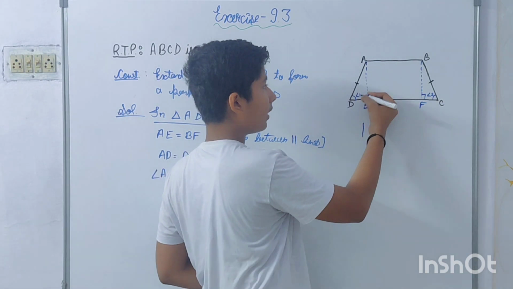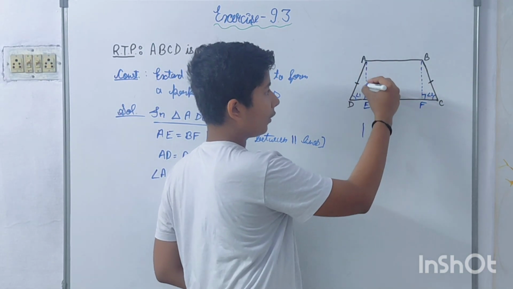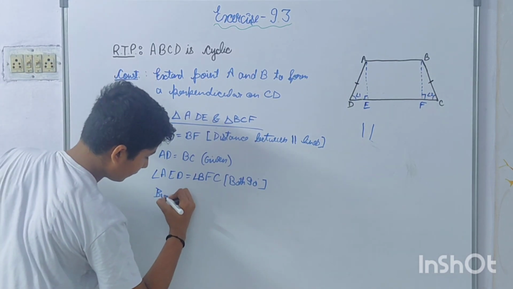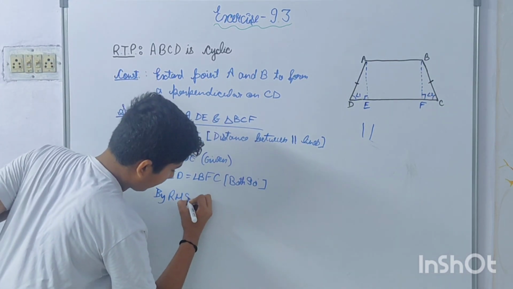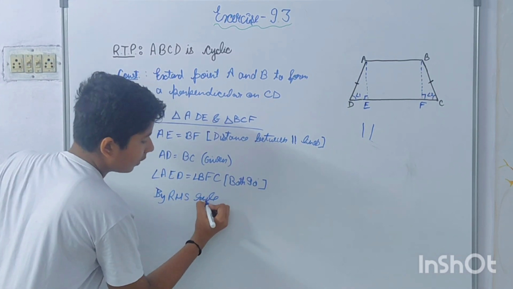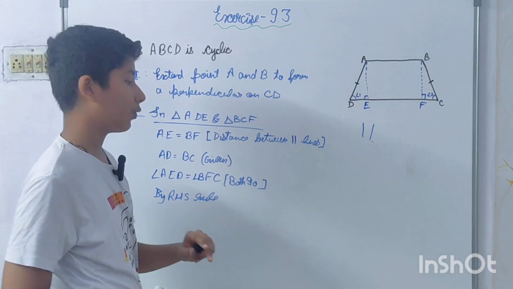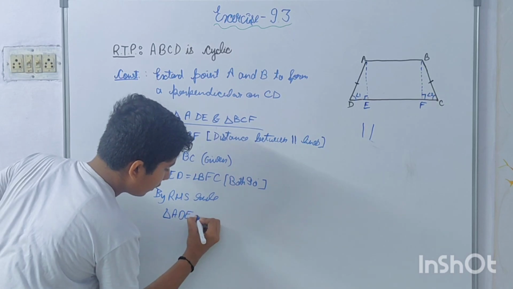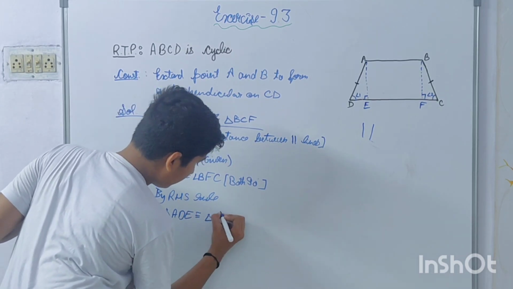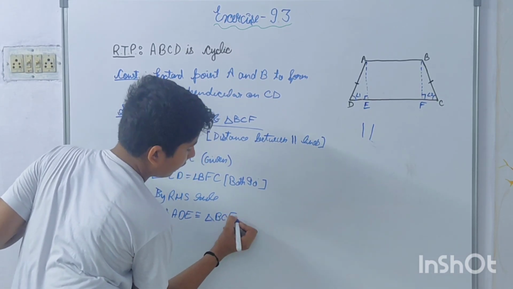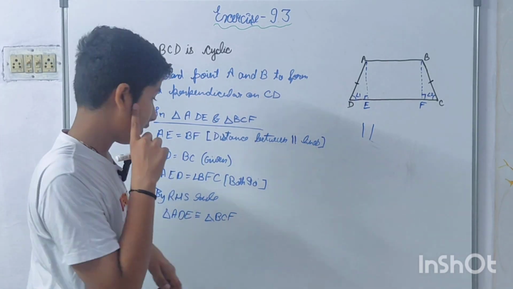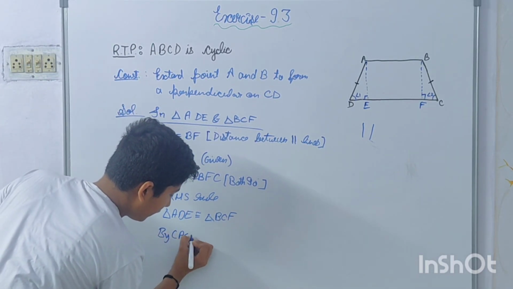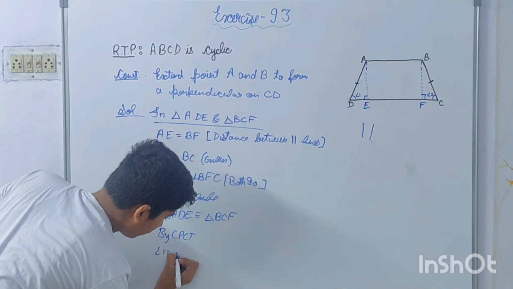So one is a right angle, then hypotenuse and one of the sides, meaning by the RHS rule, we can say that these two triangles are congruent. Triangle ADE is congruent to triangle BCF. Now we'll use CPCT. By CPCT, angle 1 equals angle 2.